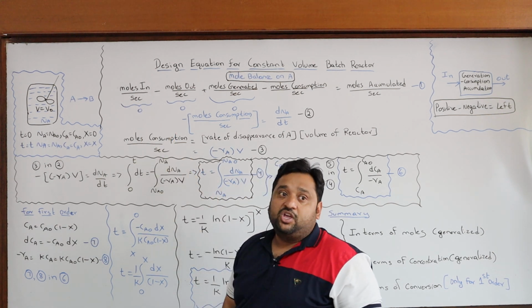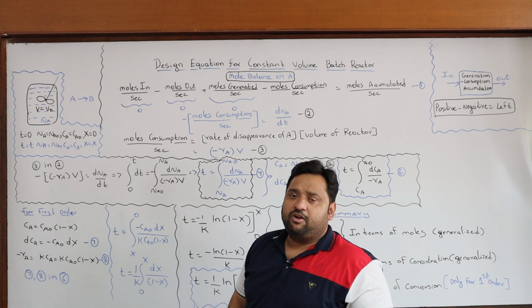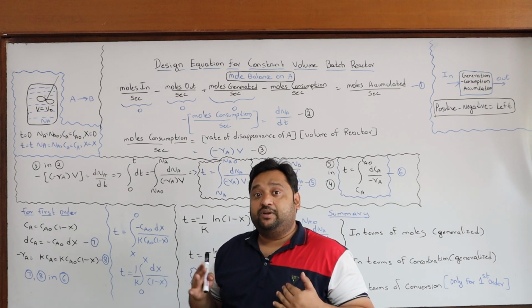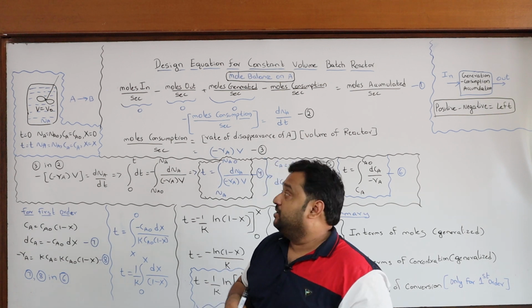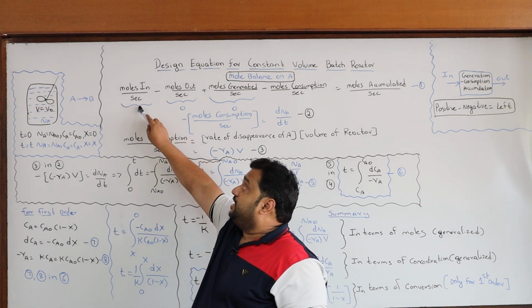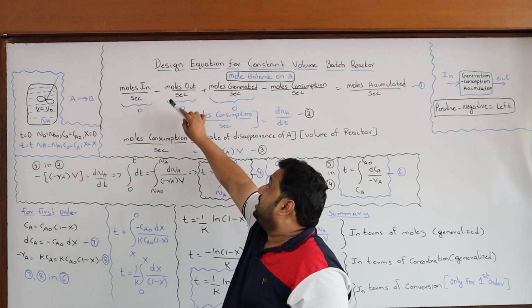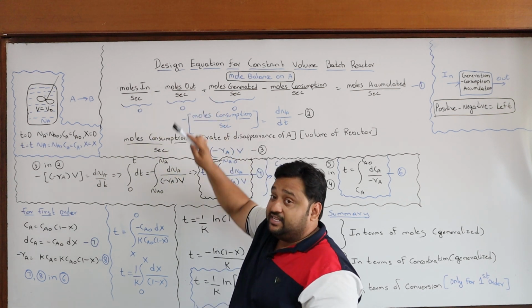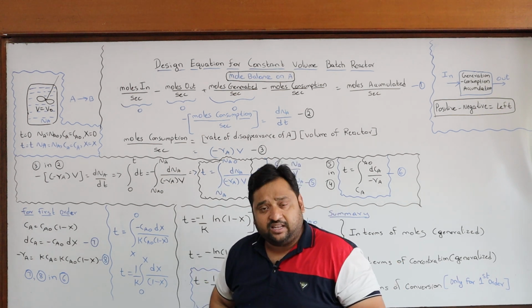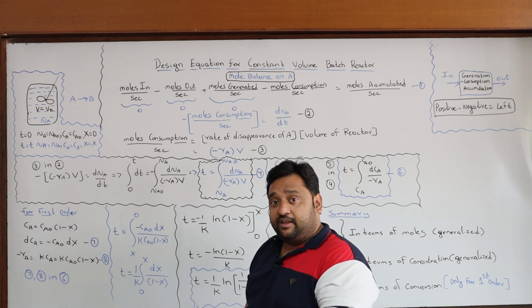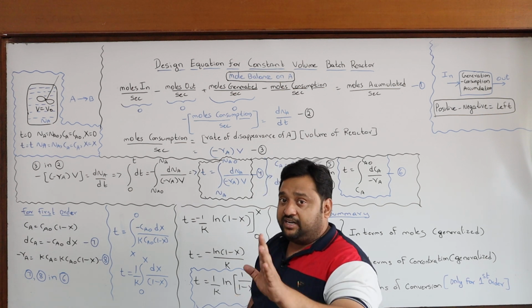We have to compare with seconds, because somehow we have to get the time term. So the mole balance has to be done with respect to time. How many moles of A go into the reactor every second, minus how many moles of A come out of the reactor every second. Coming out means it is negative. Anything generating or going toward the reactor is positive.